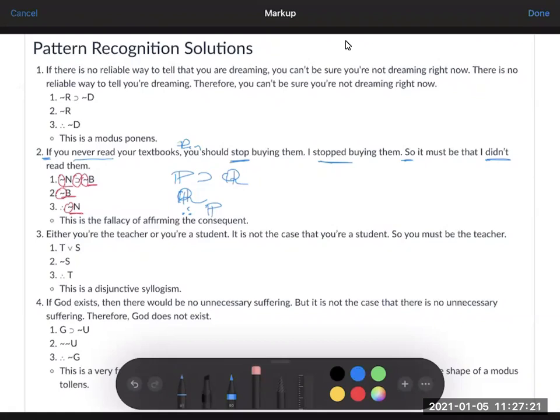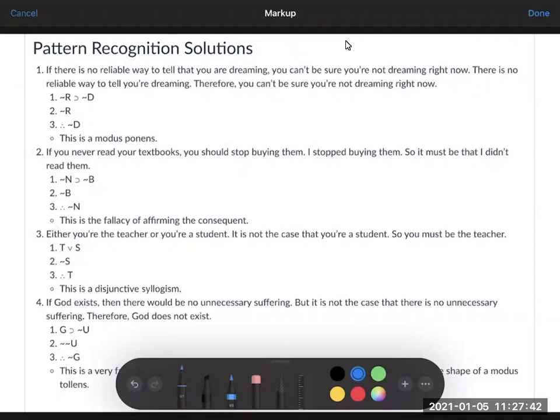We haven't proved it's a fallacy yet, but we will. But this is a fallacy, right? So that is affirming the consequent. So, okay. All right, so let's do number 3 now.